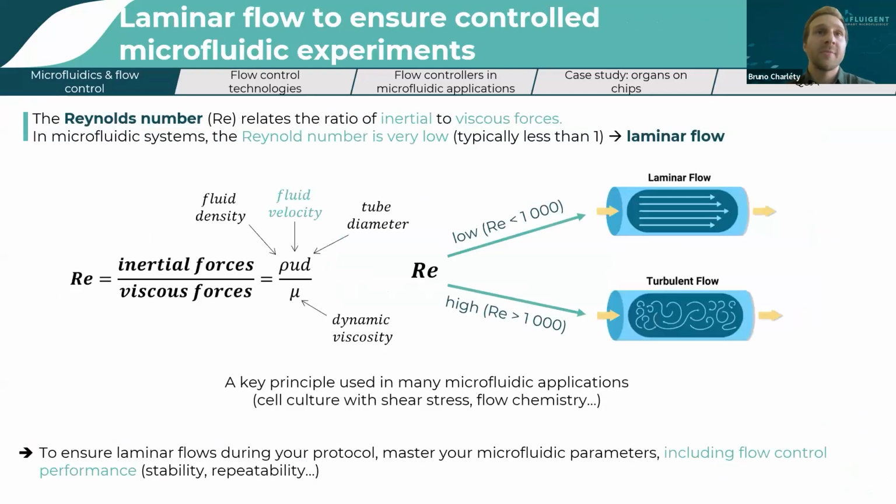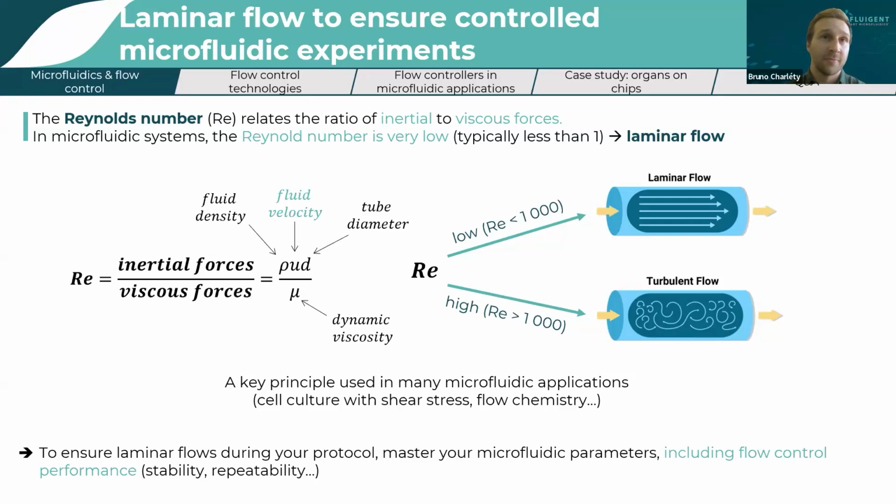So let's have a look at laminar flows. Laminar flow is a type of flow regime where the fluid travels smoothly in regular paths, as you can see on the picture. It can be put in contrast with turbulent flow, which is characterized by chaotic, irregular changes in pressure and flow velocity.